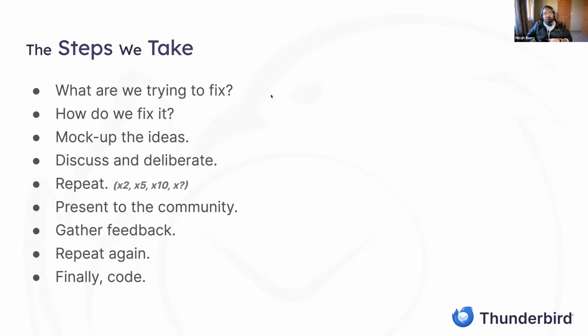Yeah, so if I want to look more specifically into Cards View on these steps, what are we trying to fix? So with Cards View, what we were really trying to do was distill. Table view can be a lot for certain users.